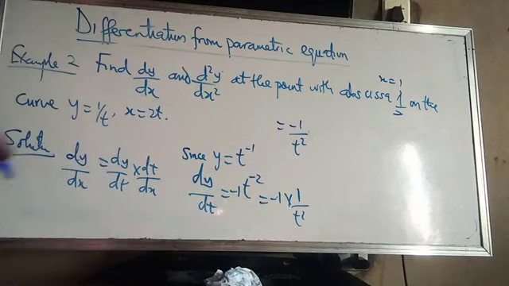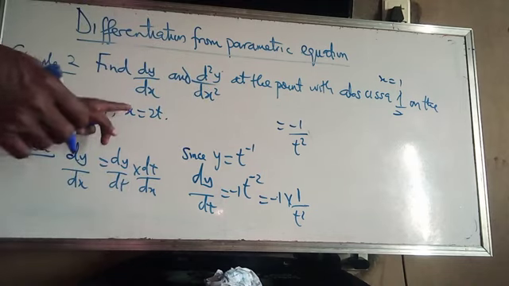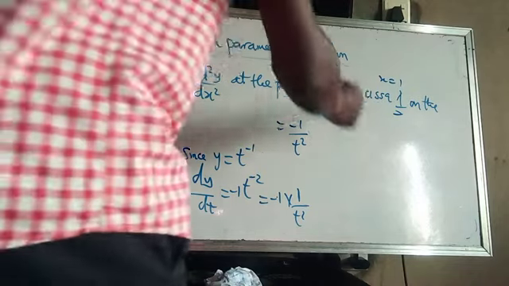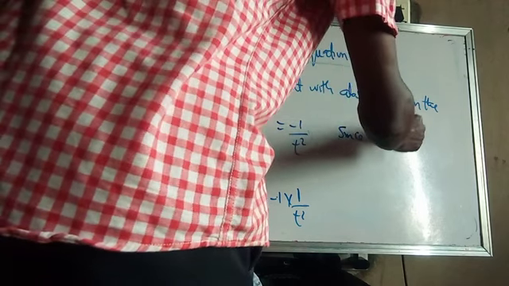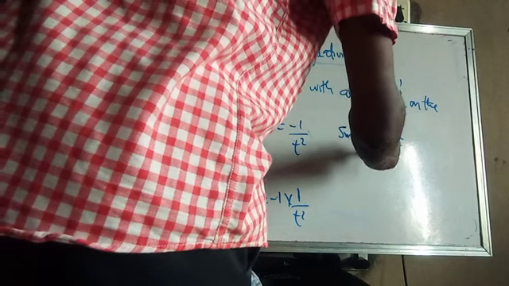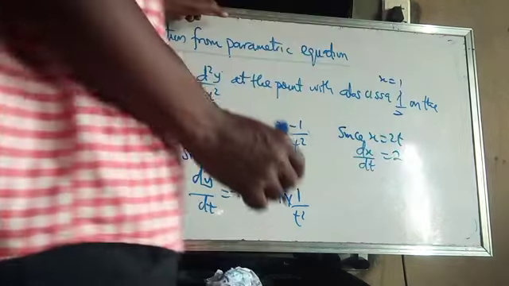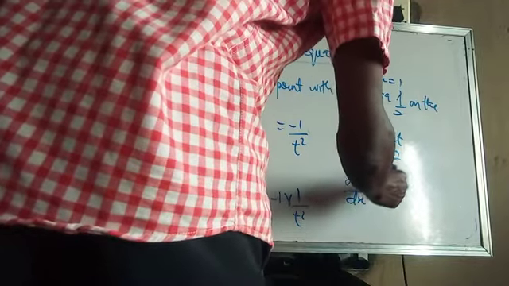Okay? Well, now, how do we get dt/dx? In the question given to us, x is equal to 2t. So since x equals 2t, dx/dt will be 2. So dt/dx, the inverse of this, will be 1 all over 2.